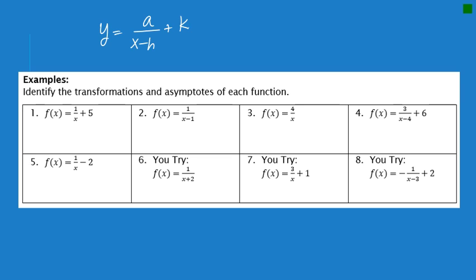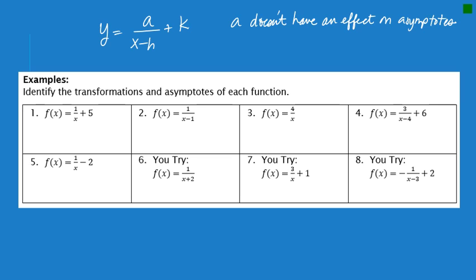Normally it's 1, that's what it is in the parent function, but that number can change. But the good news is that a does not have an effect on asymptotes. So for these problems here, we can pretty much ignore any numbers that are in the numerator of the fraction.